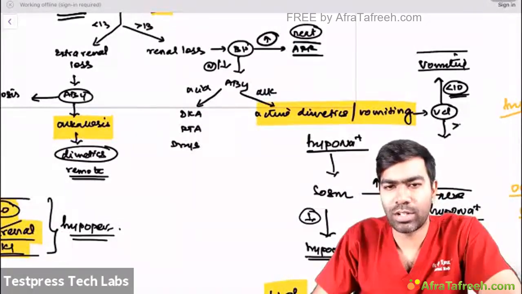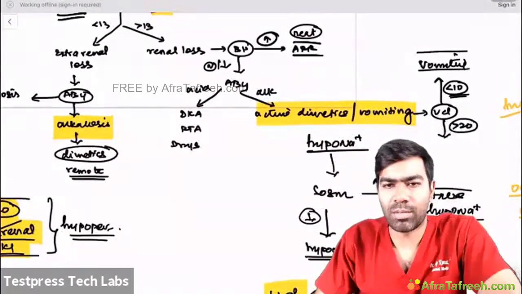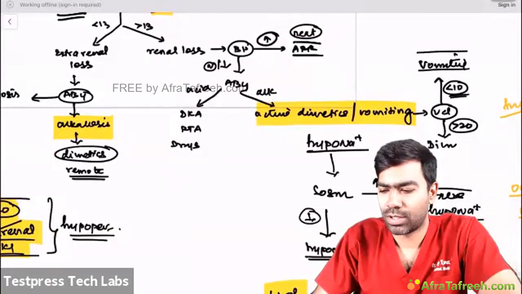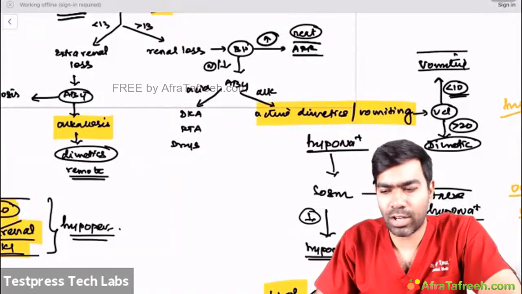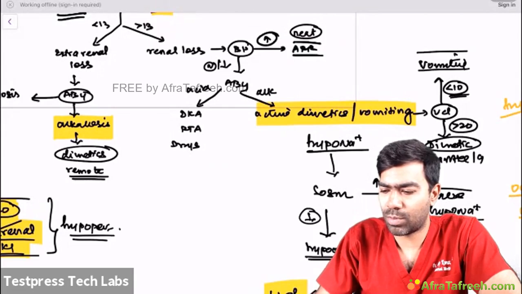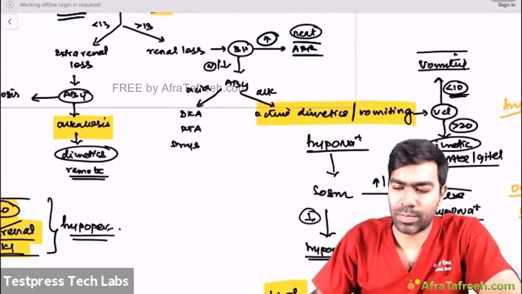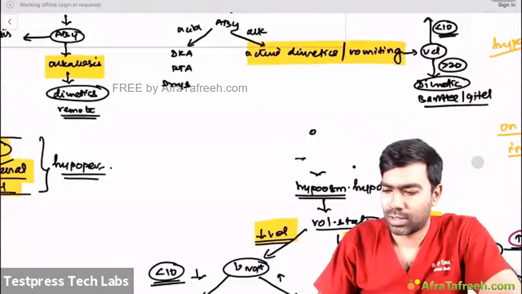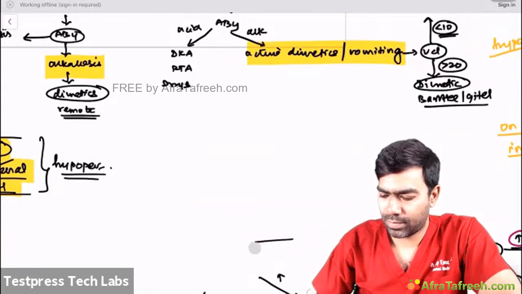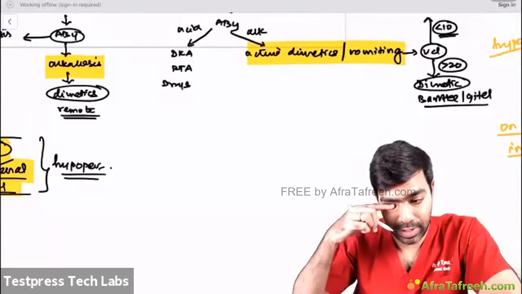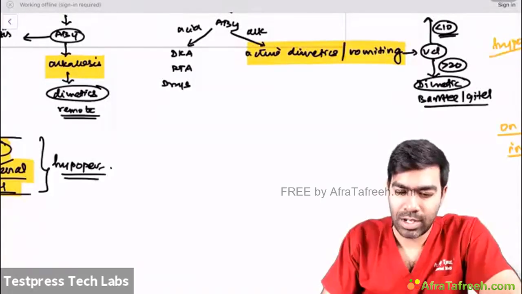Or if the urinary chloride is more than 20, then in this setting, I'll be thinking about diuretic use, current diuretic use or diuretic abuse. Or second thing, I can think about the congenital syndromes, Bartter syndrome or Gitelman syndrome in this perspective. So this is how I'm going to evaluate a case of hypokalemia.